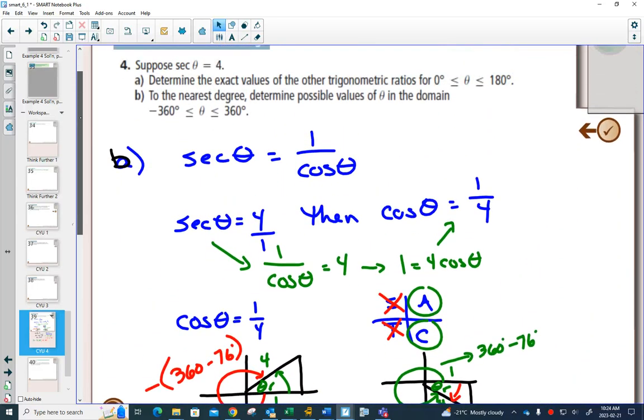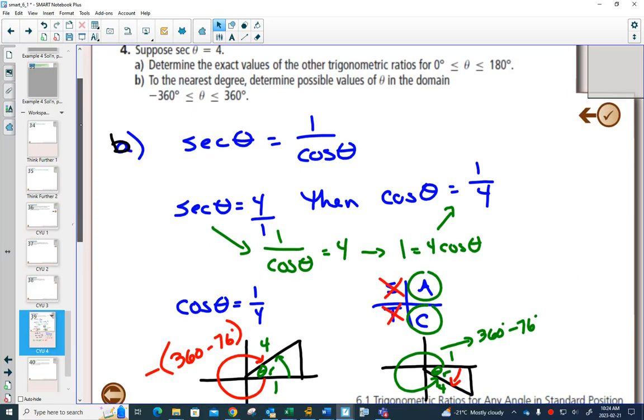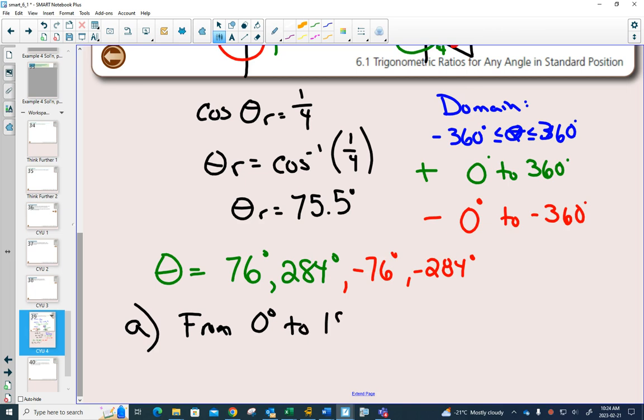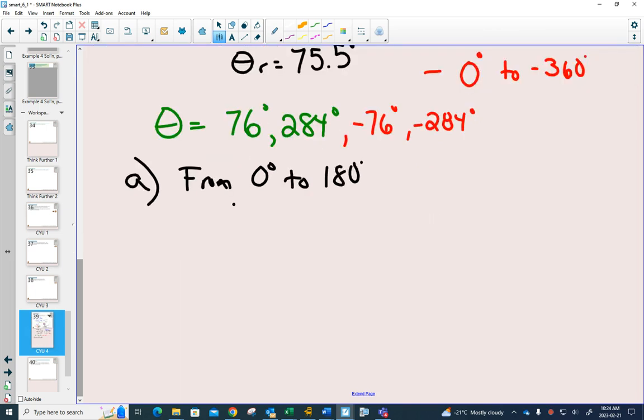Now, part A says determine the other trig ratios for 0 to 180. So we'll do that. If they're talking about 0 degrees to 180 degrees, it would only be in quadrant 1. We know the hypotenuse is 4 and the adjacent side is 1.